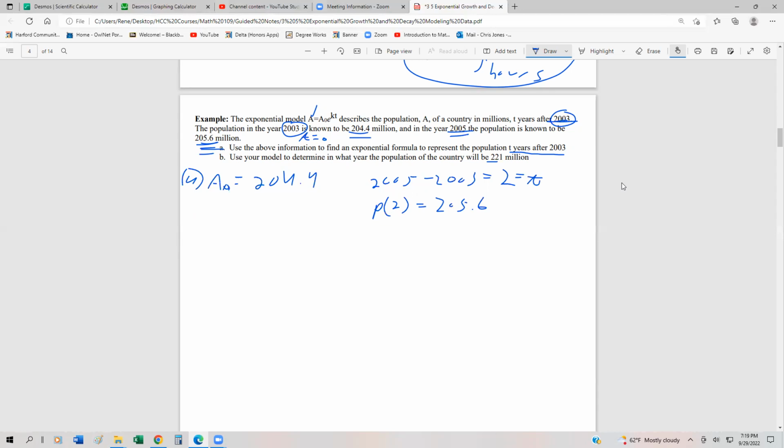So if we put all that information together and throw that back into this model, we're going to have 205.6 is going to be equal to 204.4 e to the 2k, or k times 2, right? Because t is going to be equal to 2 in 2005.